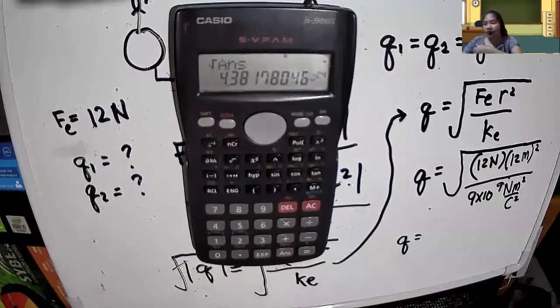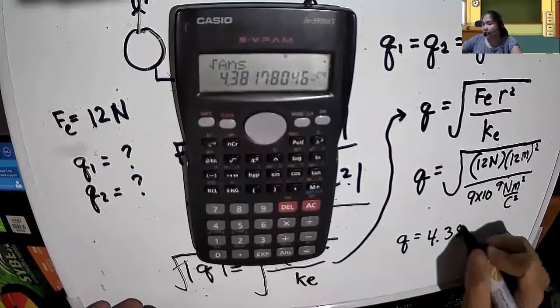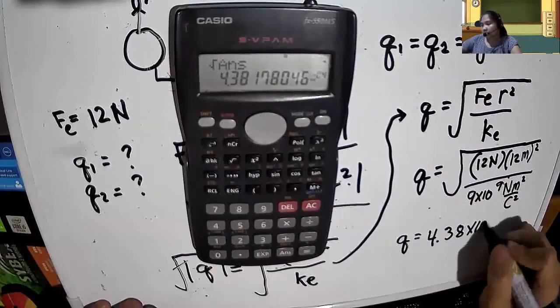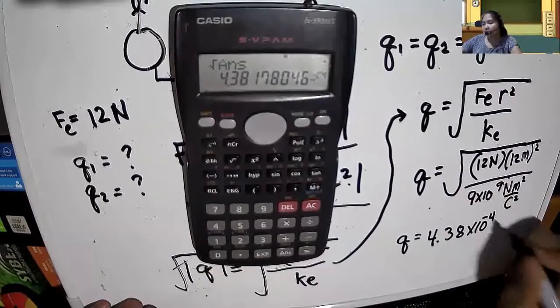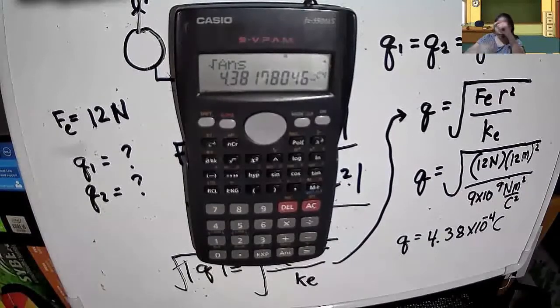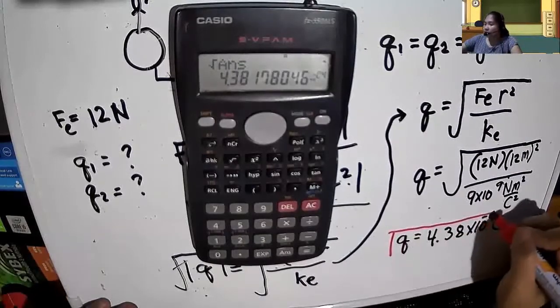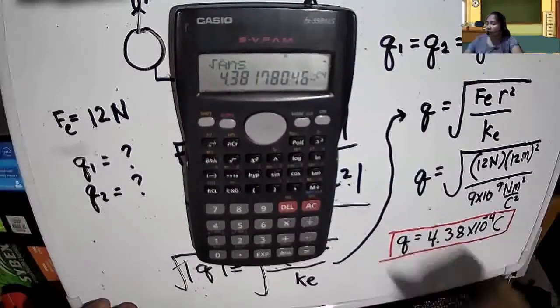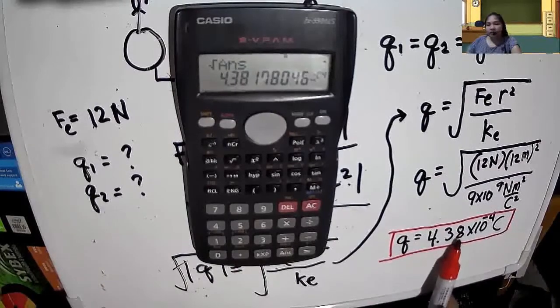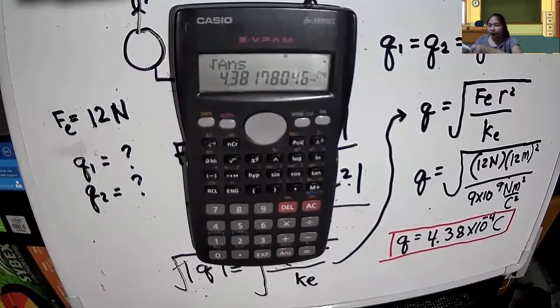That should give us 4.38 times 10 to the power of negative 4. What's the unit? That should be in coulomb. So our Q is equal to 4.38 times 10 to the power of negative 4 coulomb.